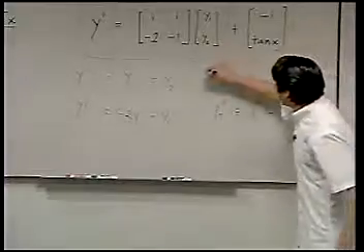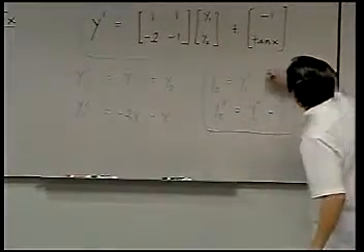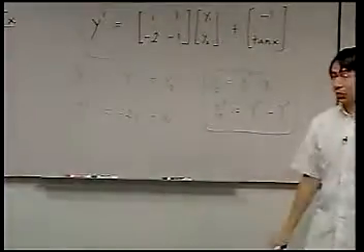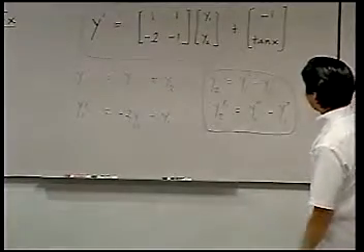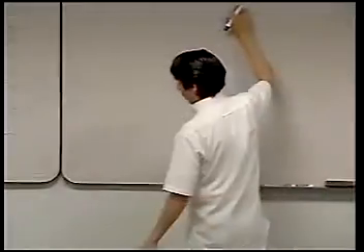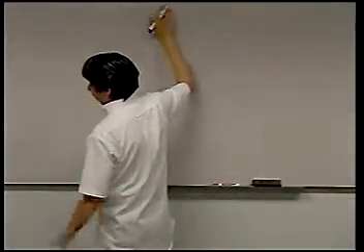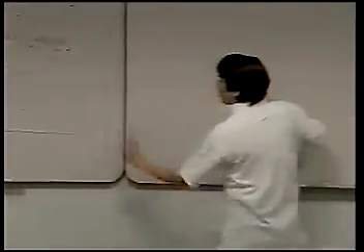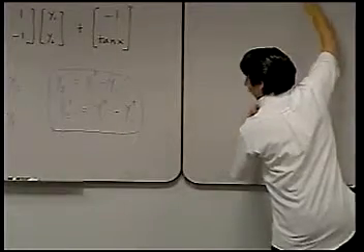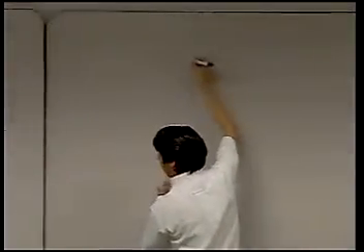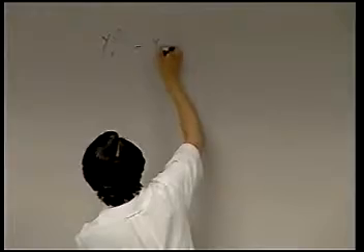Now I'm going to make a substitution on the second equation. We substitute y2 prime by y1 double prime minus y1 prime.